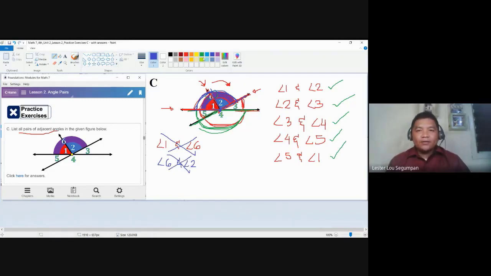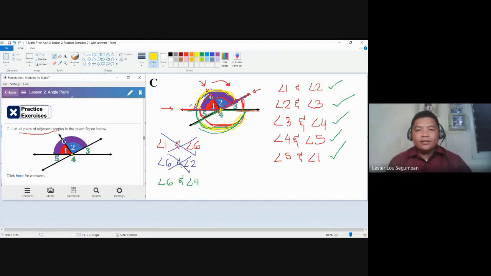How about angle 6 and angle 4? Let's try to examine. They share the same vertex. They do not overlap because this is angle 6 here and this is angle 4. How about the same side?